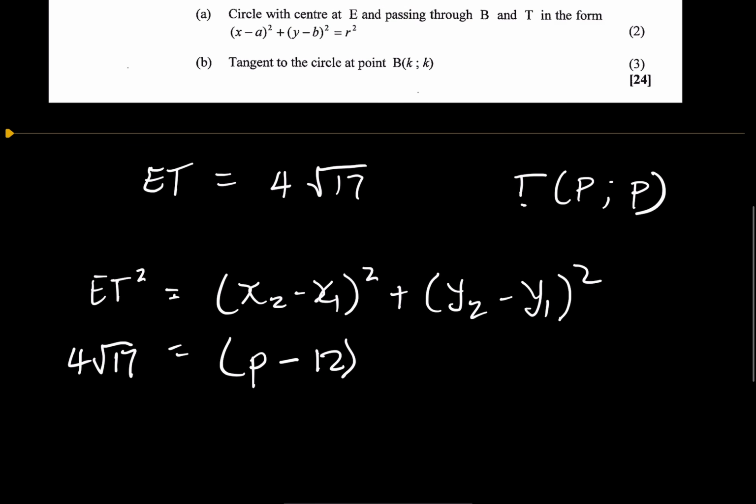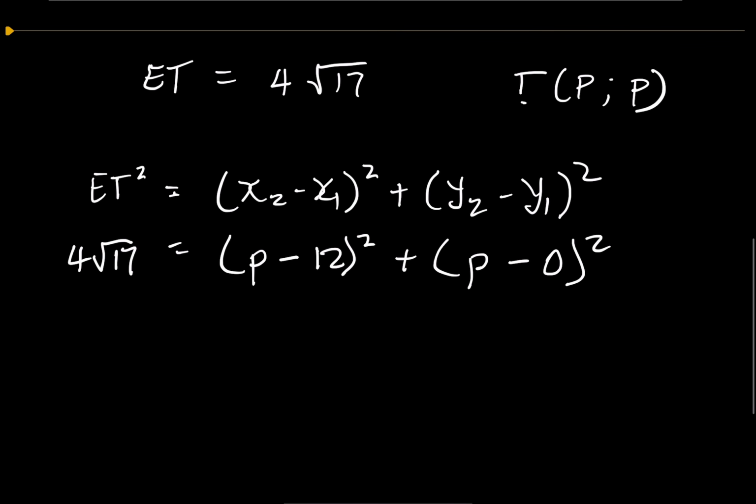So that's P minus 12 squared plus, for y2, P minus y1. The value of y1 was 0. Sorry, I forgot to square the 4 root 17 over here.